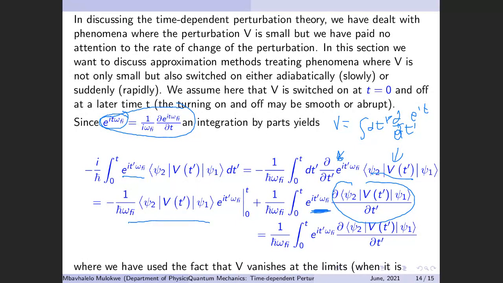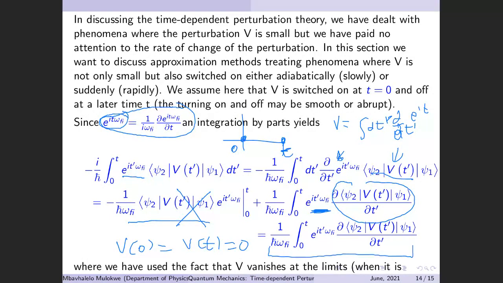That's the exponential. But our perturbation was switched on at time equals 0 and also switched off at some later time, which is t. So once you evaluate, v of 0 is the same as v of t. So this term drops out, and you will only be left with that term.